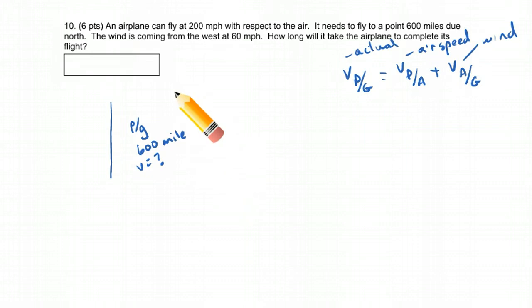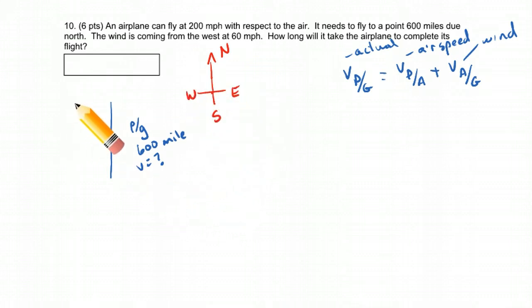Let's draw the wind first. The wind's coming out of the west. So here's north, south, east, west. If the wind's coming out of the west, I can draw this one of two ways.